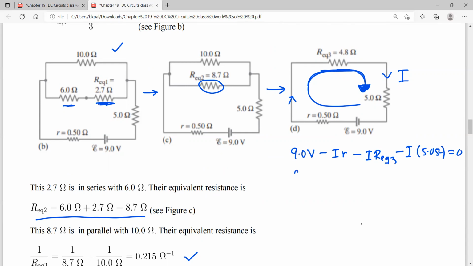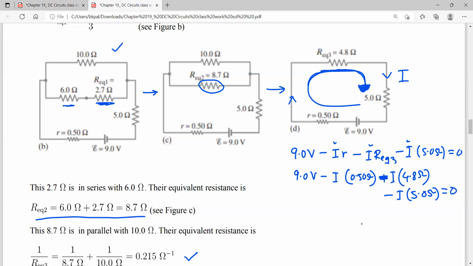So 9 volt minus I times 0.50 omega, and you see that I is common in these three terms. So let me take I out: negative 4.8 omega, minus I 5 omega.